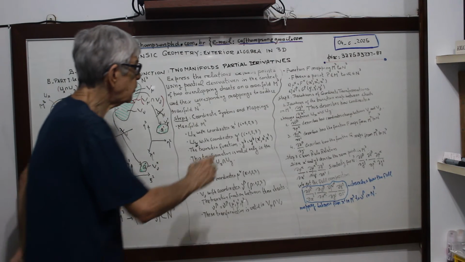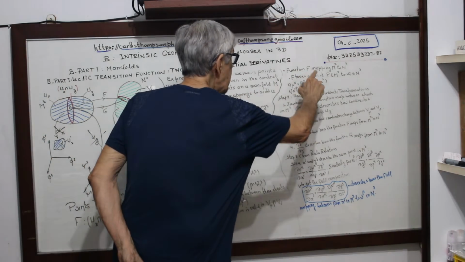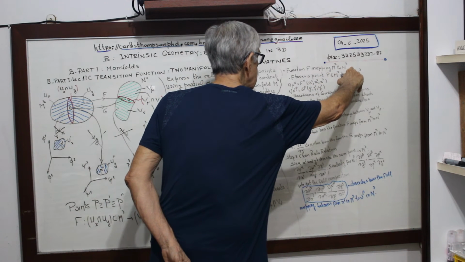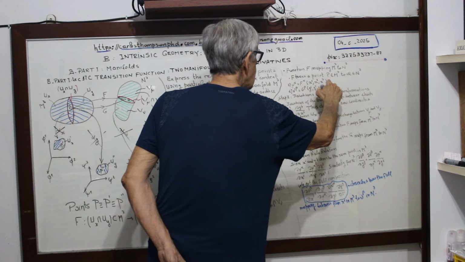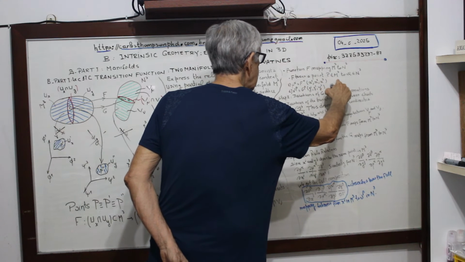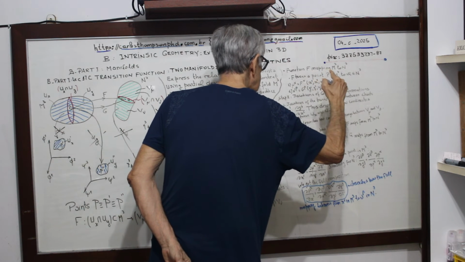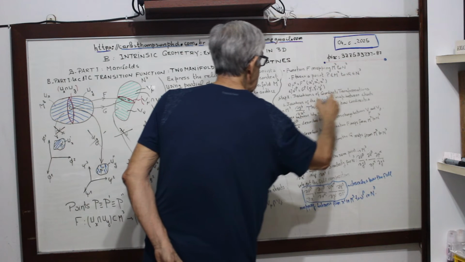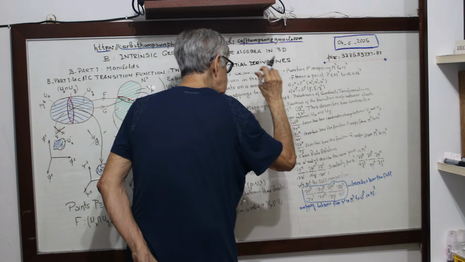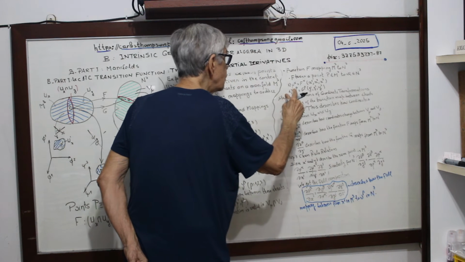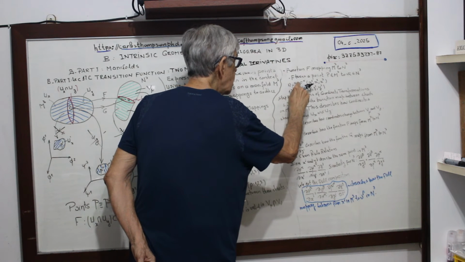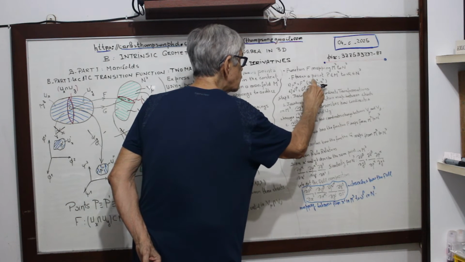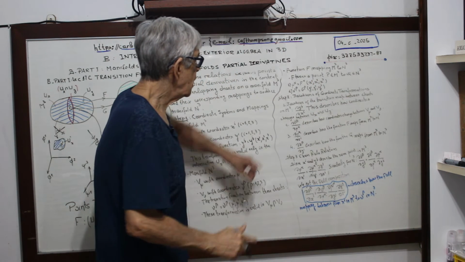Now, function f maps the manifold M to the manifold N. F takes a point P belonging to M to the point Q belonging to N. So I must know the relation of mu alpha in terms of xi, that is x1, x2, and x3.